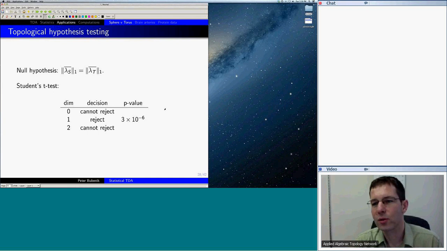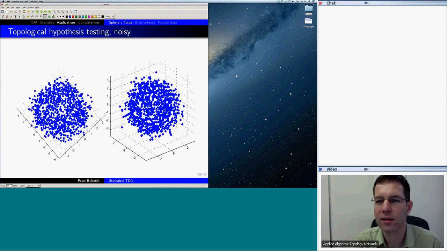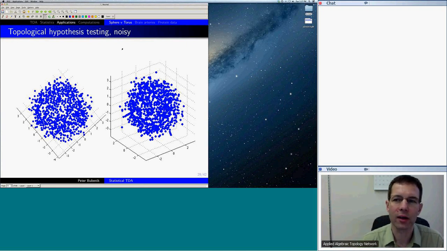All right, now that data was really easy, so let's make it a little nastier and harder to deal with. So we throw in some Gaussian noise on both the torus and the sphere, and just noise that it's hard to tell which one is which.